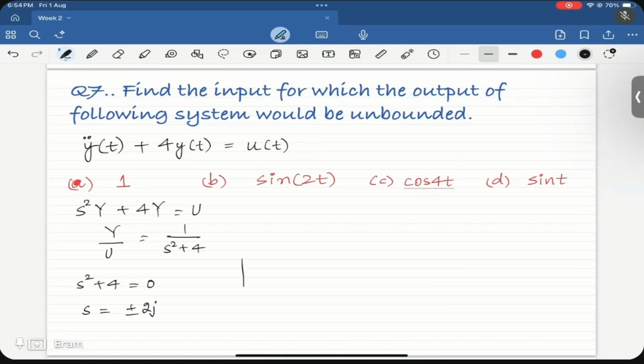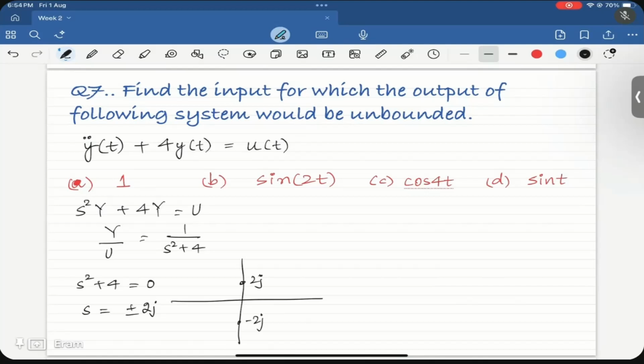So the poles of the transfer function are lying on the imaginary axis. They are not on the left half plane, so we are sure that the system is not BIBO stable. So the question is right. There exists an input which can make the output of the system unbounded, right?